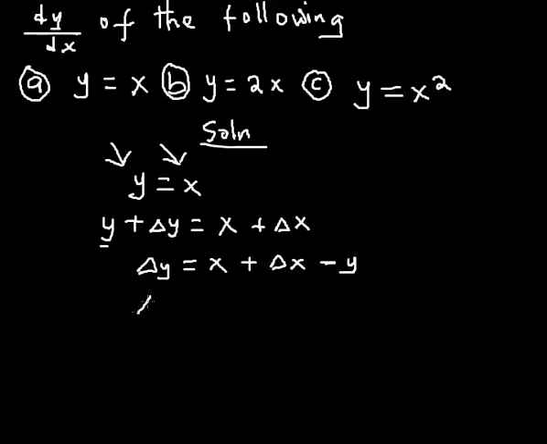Already we know from the function that y is equal to x. So delta y is equal to x plus delta x minus x. Collecting like terms together, x minus x is equal to 0. So I'm left with delta y equal to delta x.